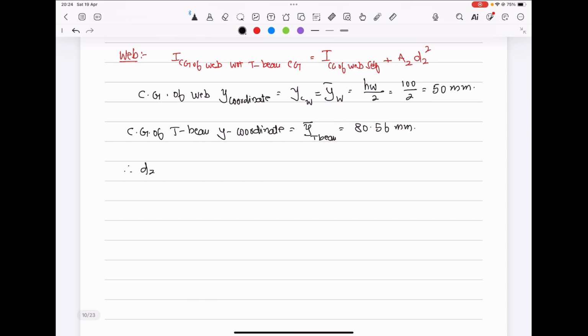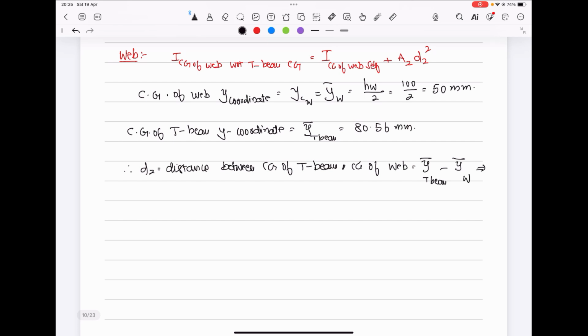Therefore, D2 is equal to distance between center of gravity of T-beam and center of gravity of web, which is y bar T-beam minus y bar web.